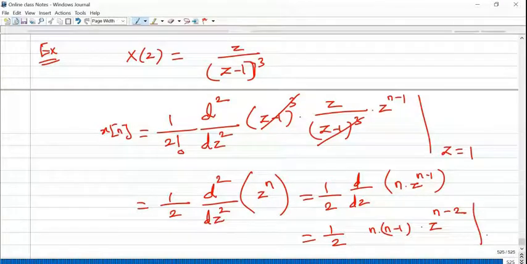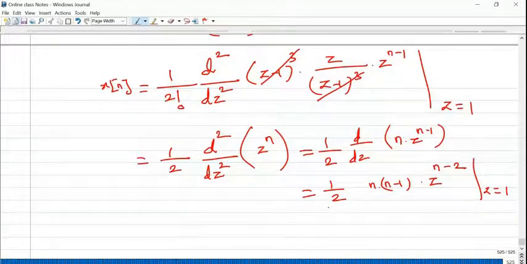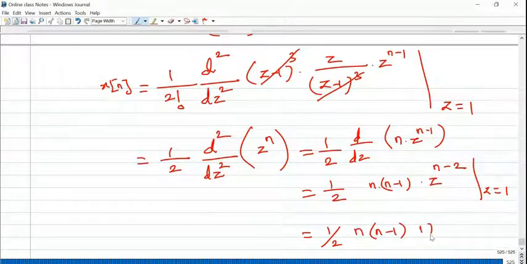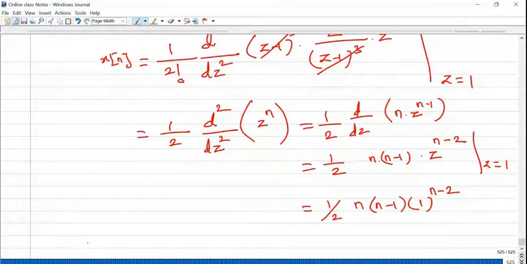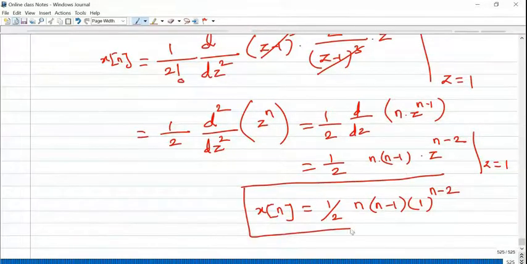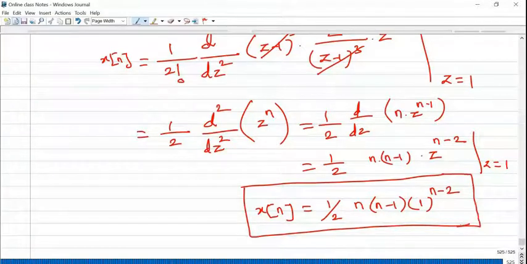So replace z equal to 1: 1 by 2, n into (n minus 1), 1 power n minus 2. So your result is n into (n minus 1) by 2, or you can stop at this particular step. ROC is not specified, so you stop at this particular step, x of n.